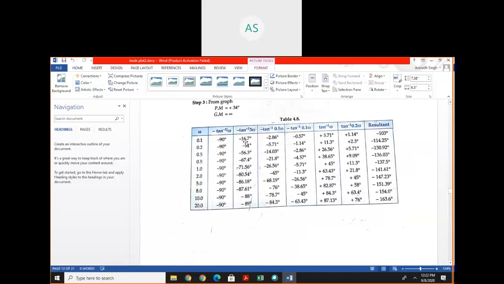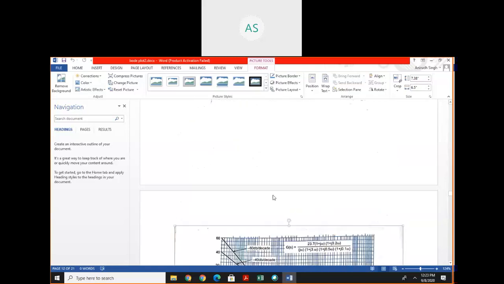For the next pole, the angle is given, and for the zero the angle is given, and the resultant phase angle of the given transfer function is this at omega is 0.1. Similarly, you draw a graph between omega and resultant angle. You get a graph like this.